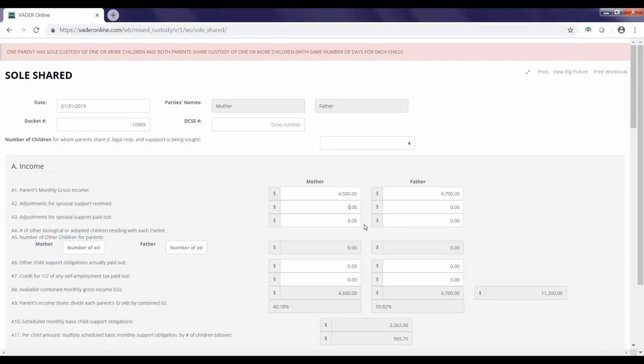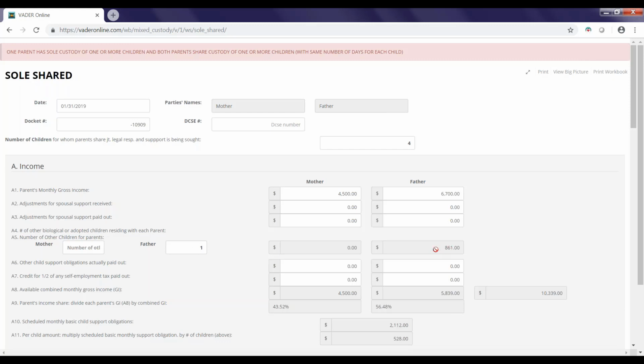Now, we've entered our basic income information. Let's go down here and make sure we go through each of these line items just to make sure that we're not missing anything. If either party had a child from another relationship that was not the subject of this proceeding, that's where we would enter that information. So for example, if dad had 1 child from another relationship, we'd enter that information there.